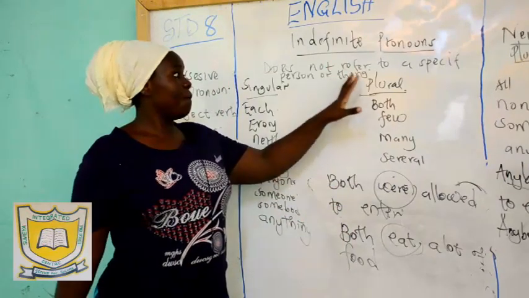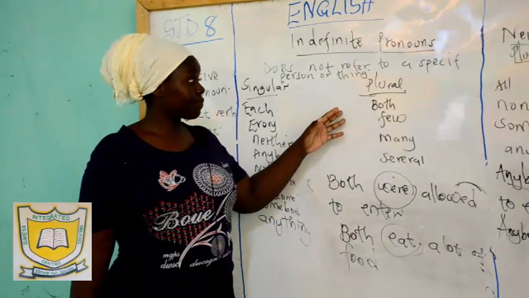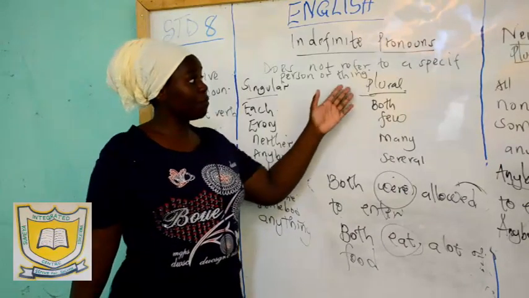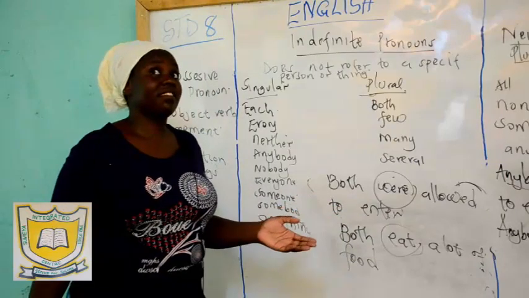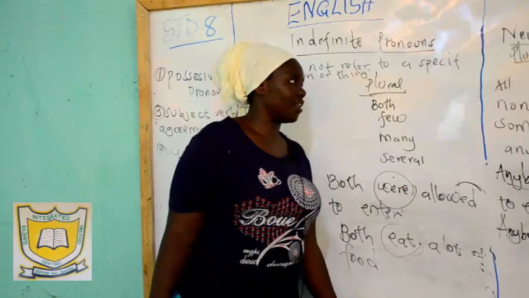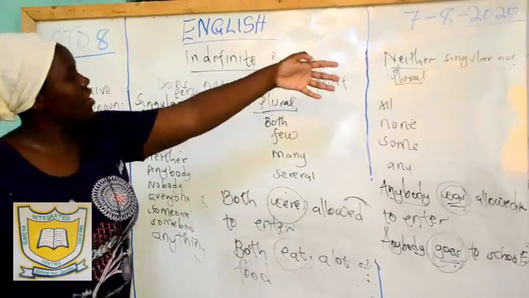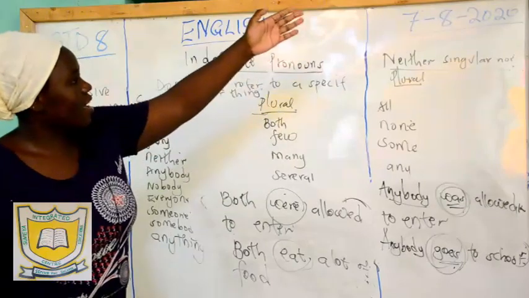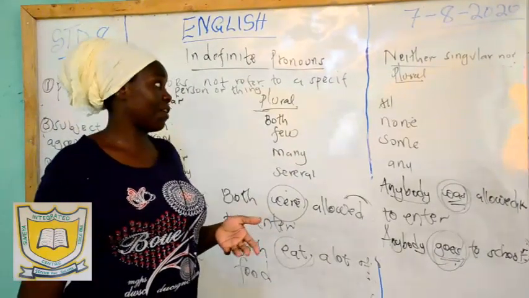So when you come to plural indefinite pronouns, they take plural helping verbs and singular verbs. But when it comes to this, neither singular nor plural, they can take singular helping verbs or they can take plural helping verbs.